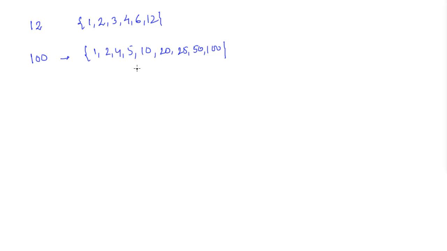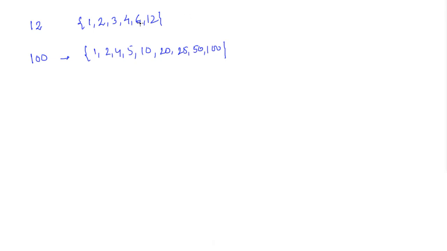For example, suppose we want to find factors of 100, we have to list out all the divisors of 100. These are as follows: 1, 2, 4, 5, 10, 20, 25, 50 and 100.